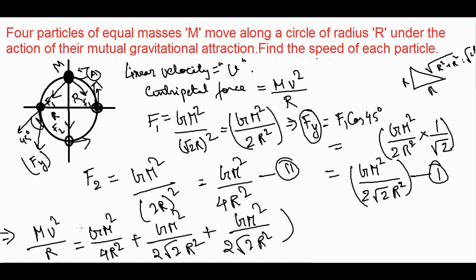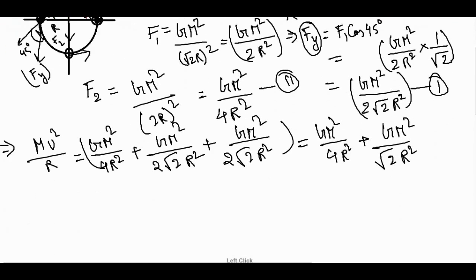After solving this entire part, what I get is G m square by 4 r square plus G m square by root 2 times r square. I would need a little bit of extra space.